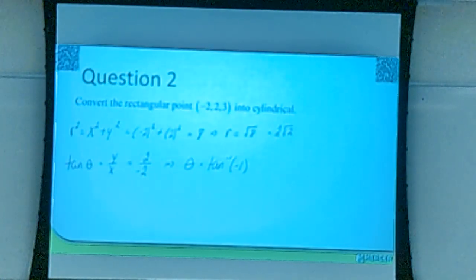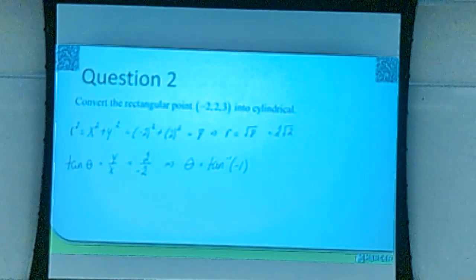Negative pi over 4. Is that the angle we're looking for? No. There are two problems with that angle. Generally speaking, we will take theta to be between 0 and 2 pi, though that's not an actual fixed requirement.